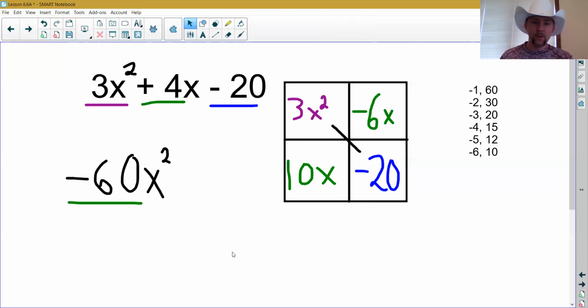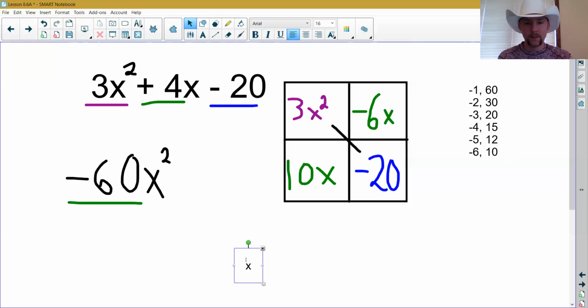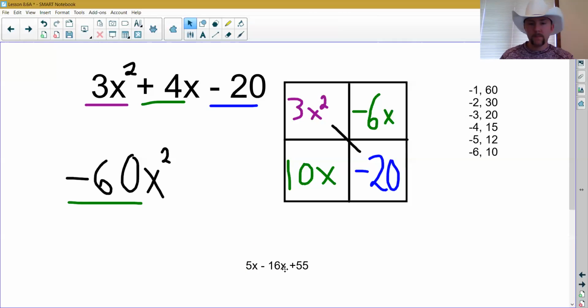If you have a polynomial where the middle term is negative and the last term is positive, let's say, for example, 5x squared minus, I don't know, 16x, and plus 55 or something like this.